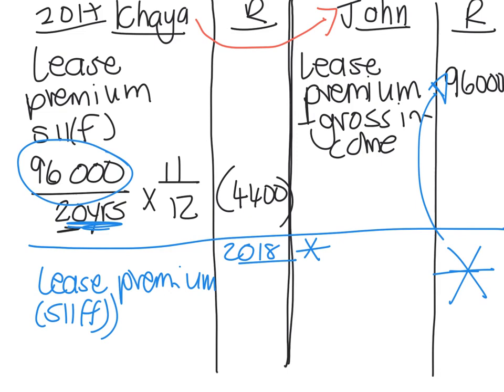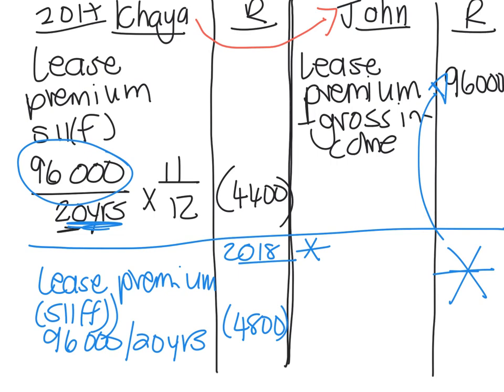You have to know that there's a deduction. What does this calculation look like? 96,000 Rand divided by 20 years. And if all goes well, we won't need to make any apportionment because in 2018, that lease contract will run for the full year of assessment, which means that in 2018, Kaya will get a deduction of 4,800 Rand.